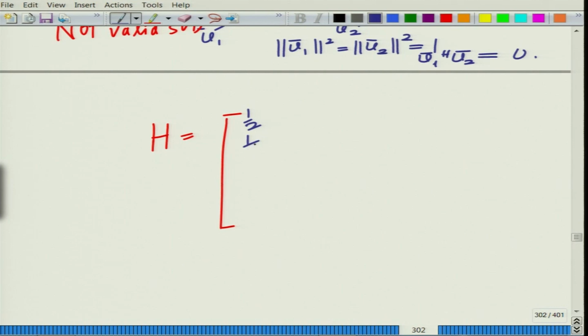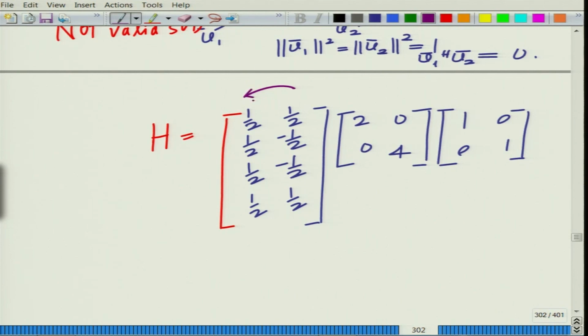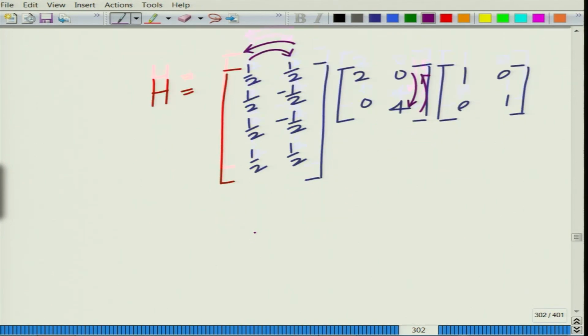So, you have half, half, half, half, half, minus half, minus half, half, times 2, 4, 1, 0, 0, 1. Now, what I am going to do is switch the columns of this and correspondingly switch the rows of this, that will leave the product unaltered.